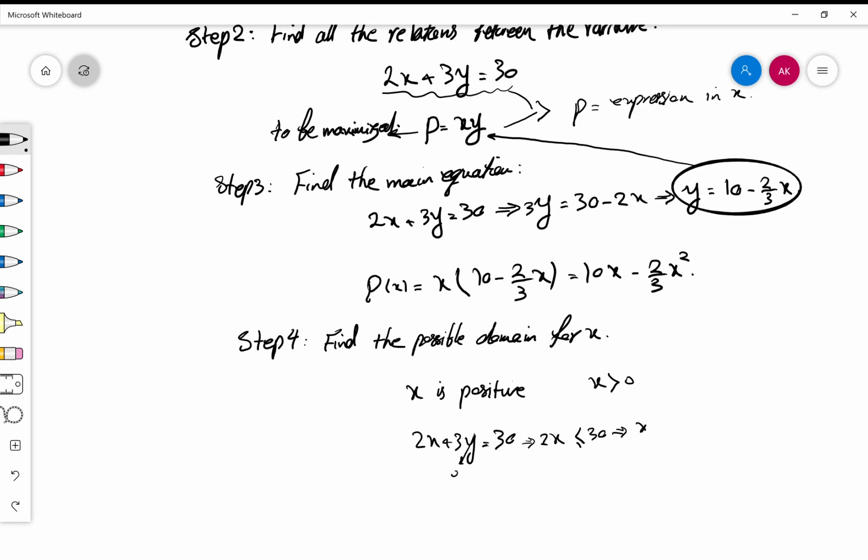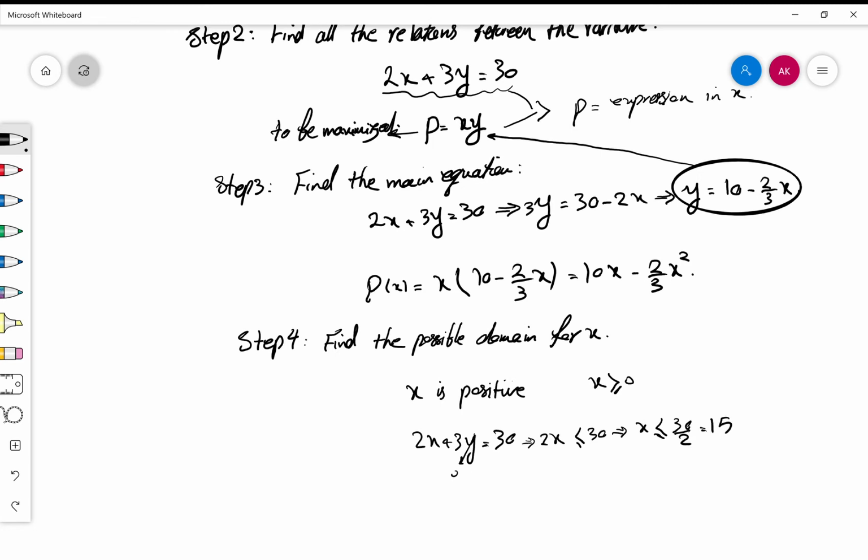Here I am doing a little bit of naive work: being positive, let's just include 0 also, and y being 0 we include. Oh, sorry, this is 30 divided by 2, and that's 15.